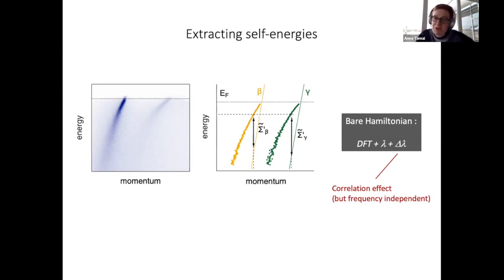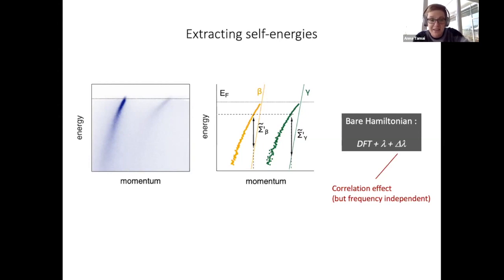It's important to include the enhancement of SOC, because especially in directions where the gamma band is close to the Van Hove singularity, the velocity would go to zero, and the real part of the self-energy you would extract would not make much sense otherwise.